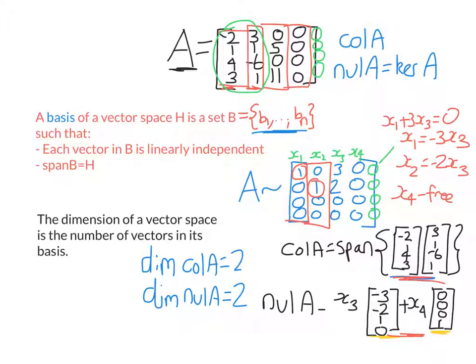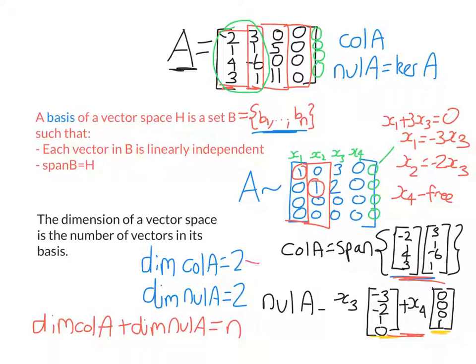I want to point out something that's very important and I think very cool. It holds for any matrix. It turns out that the dimension of the column space of A, which is the same as the rank of A, the same as the number of linearly independent columns, if you add that to the dimension of the null space of A, you always get n, where A is an n by n matrix.